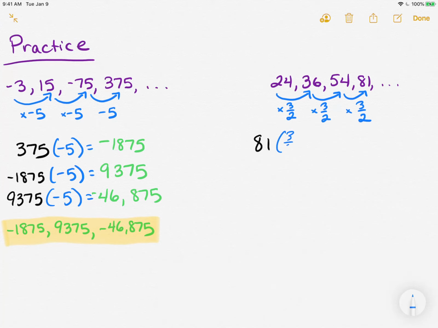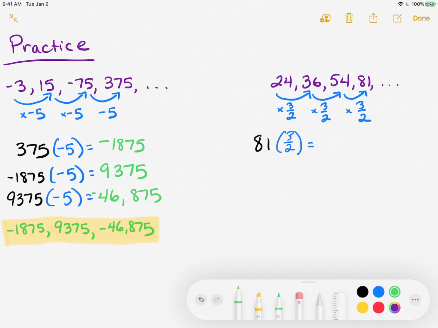Now I'm sorry to say, unlike the last one, these are not going to turn out quite as handsome. They're going to be decimals. 3/2 of 81 is going to be a decimal. 16.2. I got 81 times 1.5, what's 81 times 1.5? Okay, thank you.